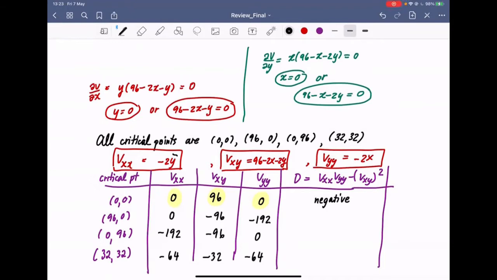Okay, and then after that, you multiply this, you get 0, and then minus negative 96 squared, which is actually negative as well, right? It seems like it's all negative because this is also negative.